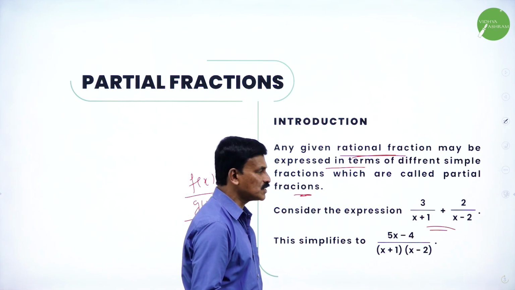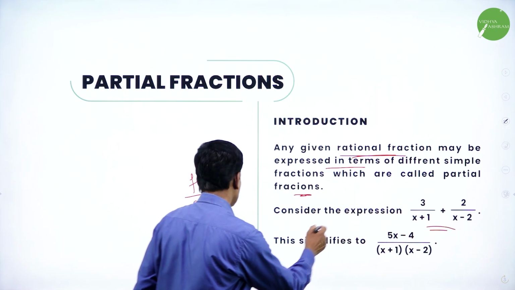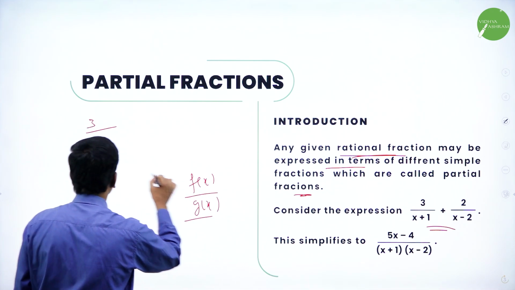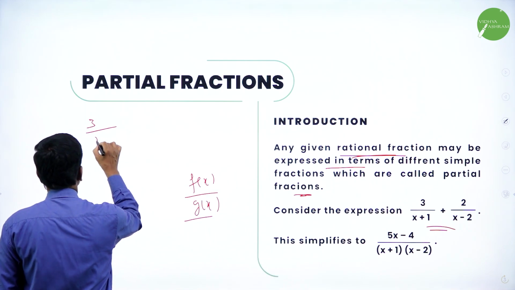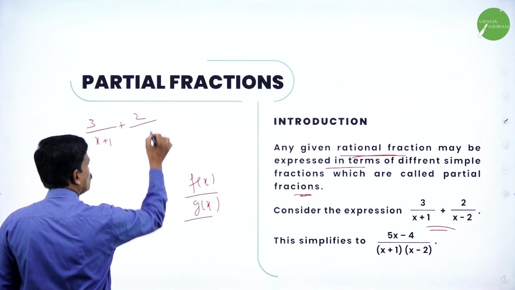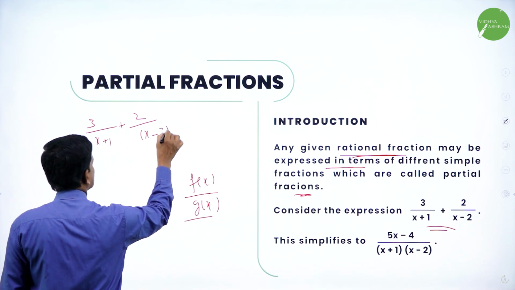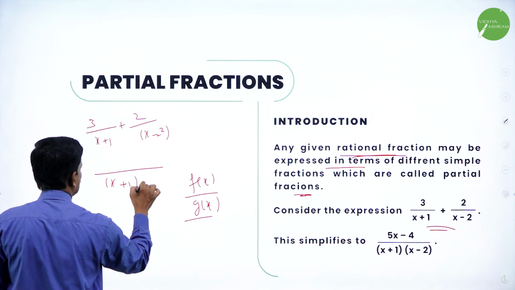two simple fractions. If you simplify this, let us take the LCM. That is 3 divided by x plus 1 plus 2 divided by x minus 2 in the denominator. Take the LCM: the LCM is x plus 1 into x minus 2.